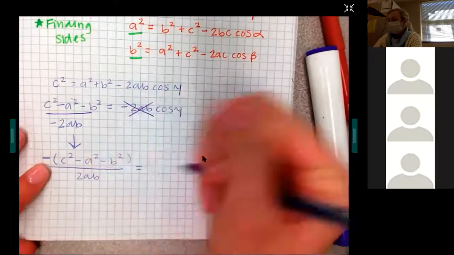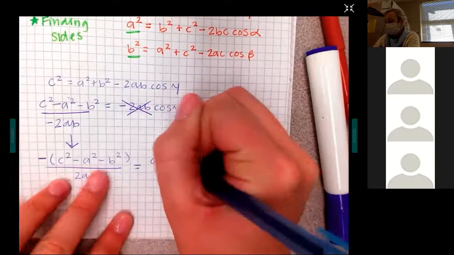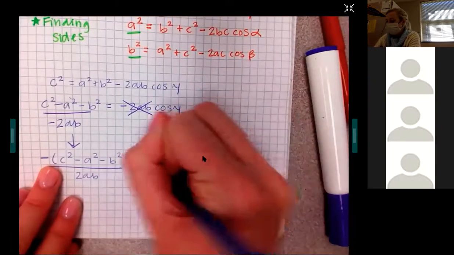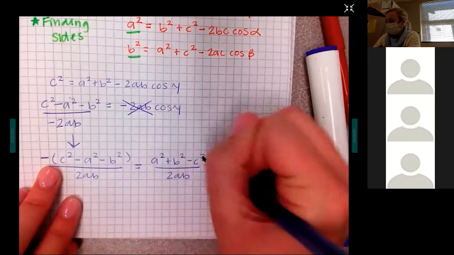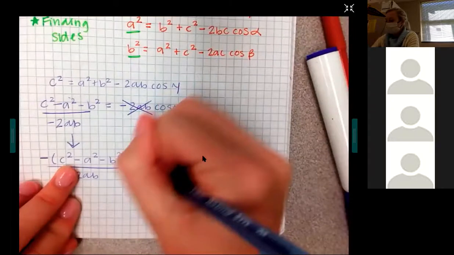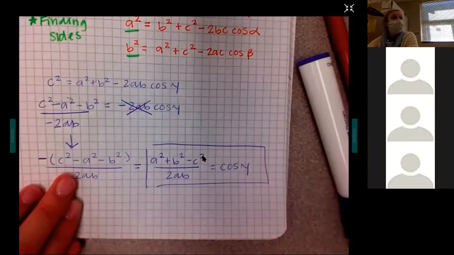Exactly. It changes the signs of everything up top. So now it's positive a squared plus b squared minus c squared over 2ab. That's how you find angle C. This formula right here.